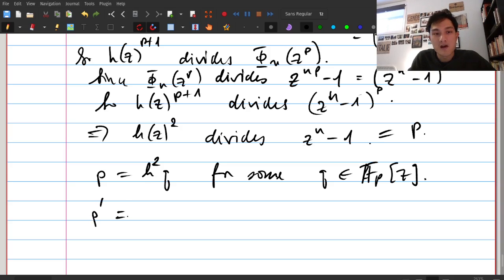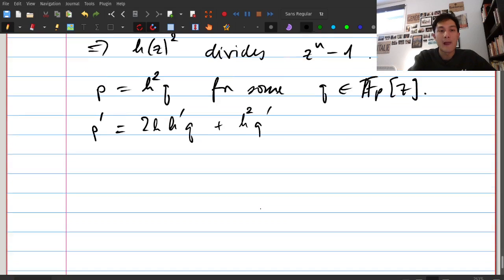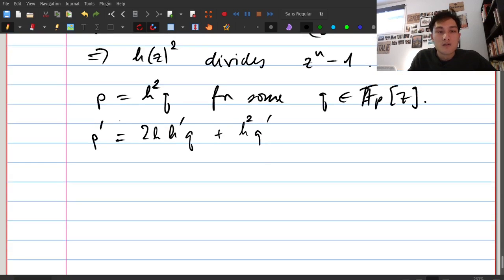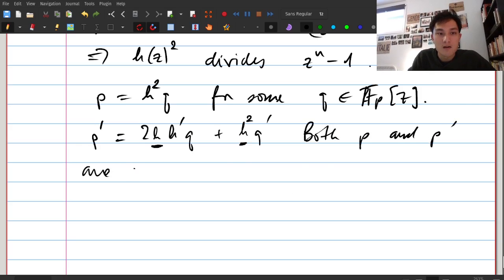So p prime is, by the product rule, 2h prime times q fixed, plus you leave h squared fixed and take the derivative of q. So p is divisible by h, but p prime is also divisible by h. There's an h here and an h there.